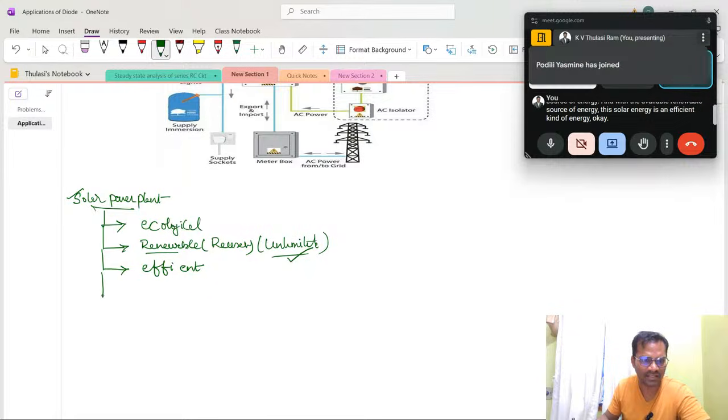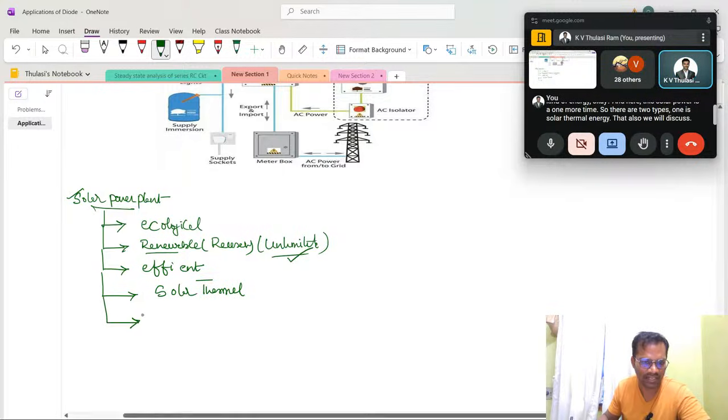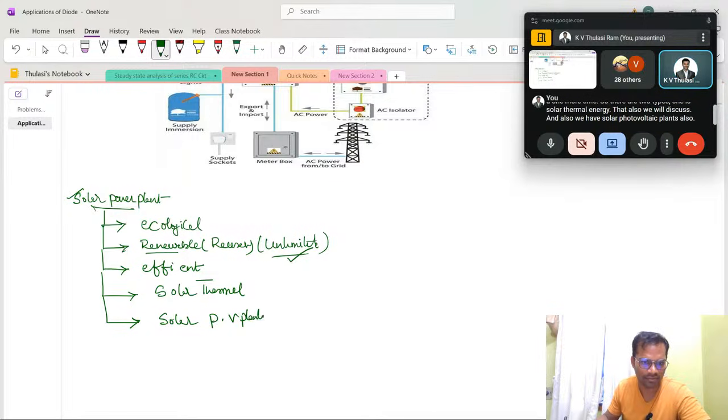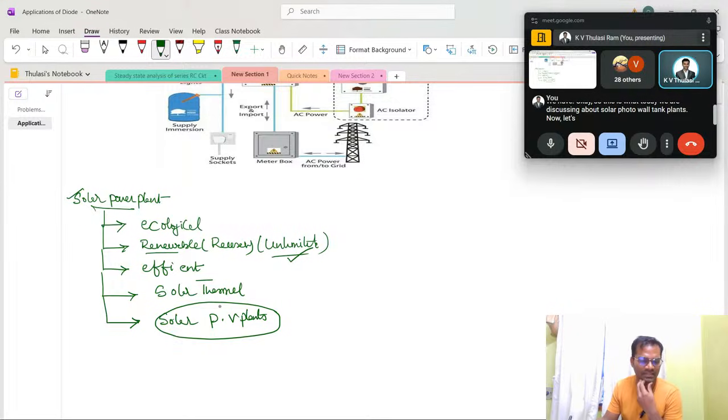Solar power is of two types: solar thermal energy, which we will also discuss, and solar photovoltaic plants. Today we are discussing solar photovoltaic plants. Now let's discuss what this solar PV system is.